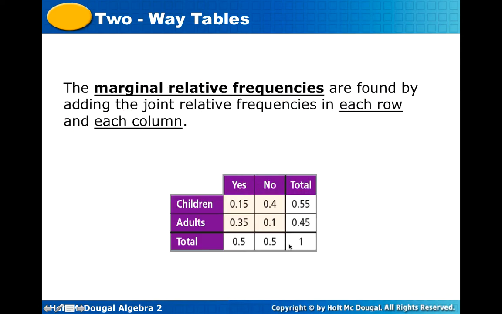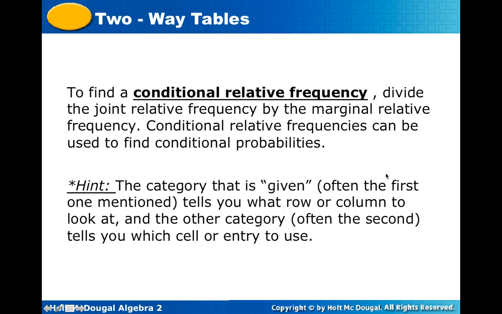If I go back to my example over here, if I wanted to find the conditional relative, I would say if I want children that said yes, I'd go to children, so 0.55 is kind of my bottom. That's my children. It's almost like my given. And then I'm going to put 0.15 on the top. And whatever that gives us, that would be our conditional relative frequency.